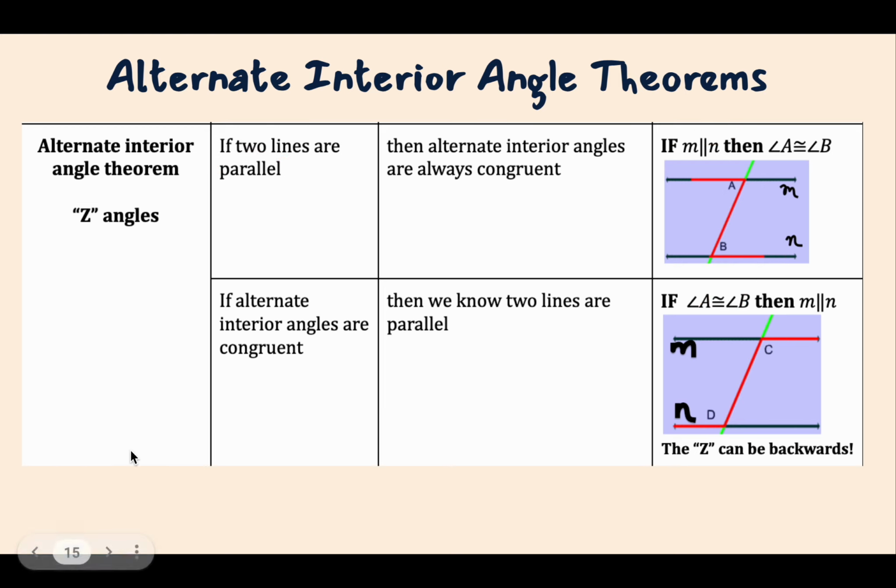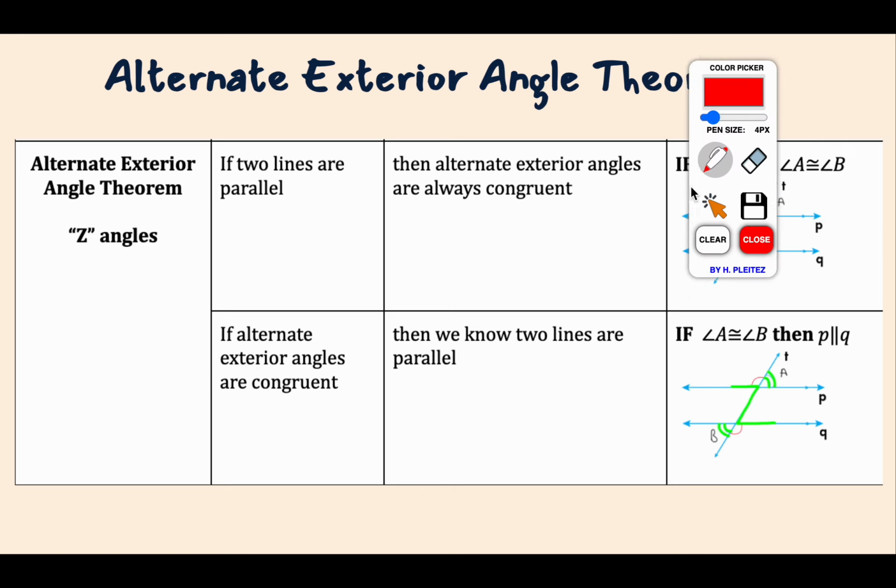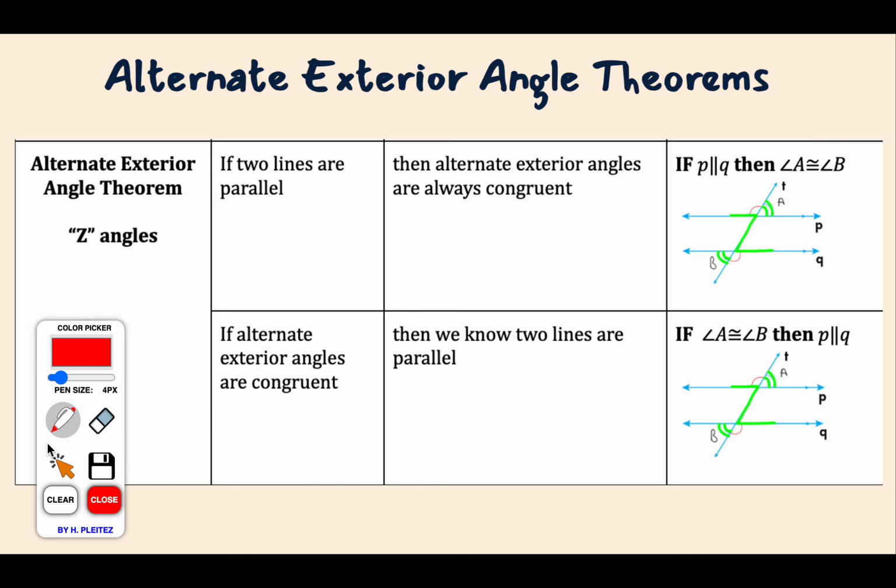All right, the next one that we are going to be talking about is the alternate exterior angle theorem. Now, you guys know how to identify all of these angles from the previous lesson. However, these theorems are just telling you a little bit more information about the angles that you have. So, the first part says, if two lines are parallel, then we know the alternate exterior angles are congruent.